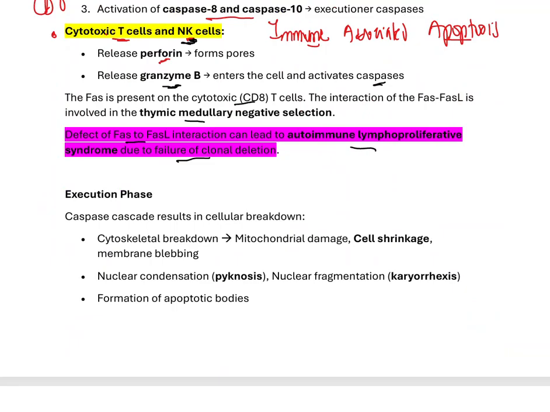So once we activate the caspases, either through the intrinsic pathway or through the extrinsic pathway, what's going to happen? These caspases result in cellular breakdown. So cytoskeleton breakdown, which is going to lead to mitochondrial damage, cell shrinkage, and membrane blebbing. And also, they're going to damage the nucleus, right?